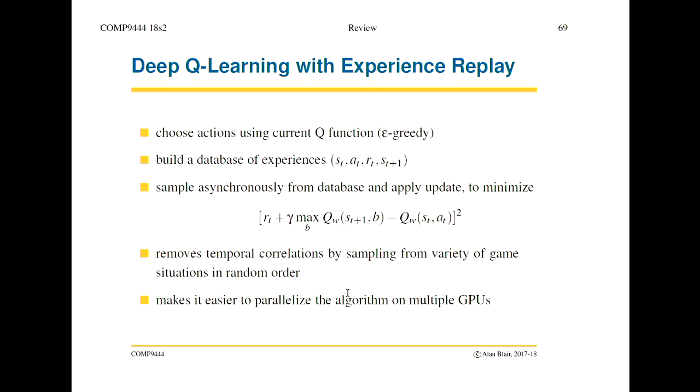Again, you can improve the learning by having this experience replay, because if you're playing a game and you just learn in the same sequences that you're playing, then you're seeing similar situations repeatedly. So you get a better result if you play games and put them into some kind of database and then sample from the database. So you're sampling from different games in a bit of a random order.